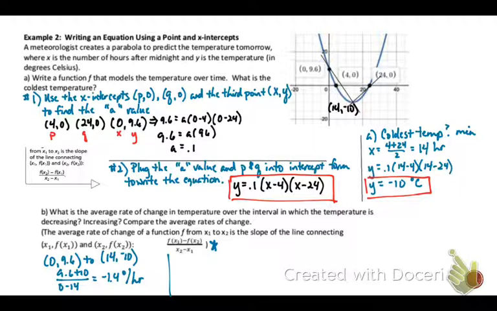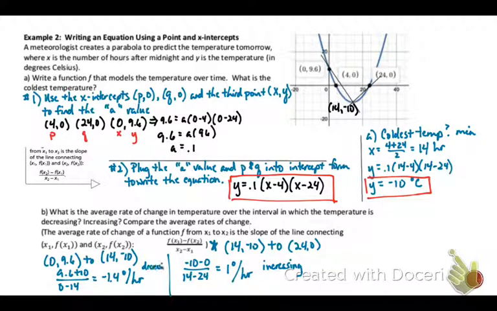Now let's look as the temperature increases. So that's 14 hours after midnight up to 24 hours. So we'll find the slope, negative 10 minus 0 over 14 minus 24, and that will give us an average change of positive 1 degree Celsius per hour, increasing.